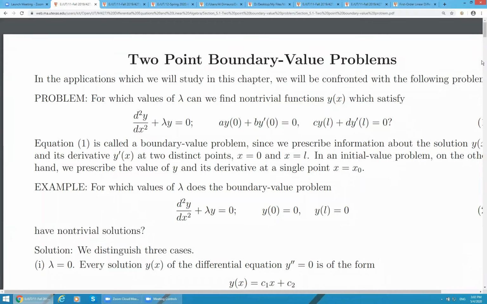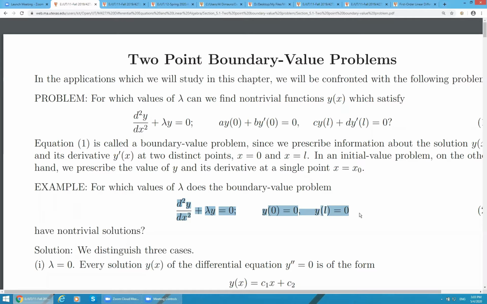Let us finish our discussion of section 5.1. In this section, we discuss the following boundary value problem: differential equation and two conditions. The question here is the following: find all lambdas such that the whole boundary value problem has a non-trivial solution.